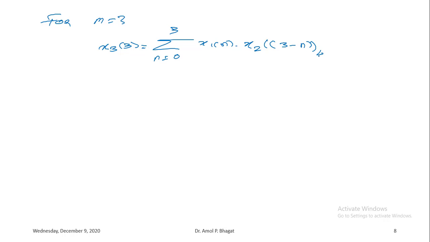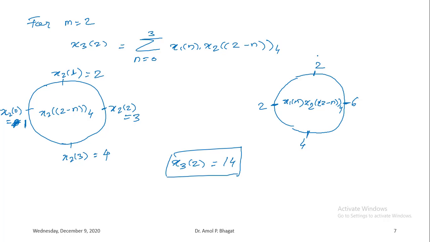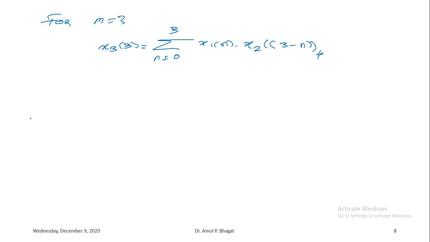So again to get this x2 of 3 minus n, you will rotate the previously graphed sequence counterclockwise by one sample, that is x2 of 2 minus n will be rotated counterclockwise.